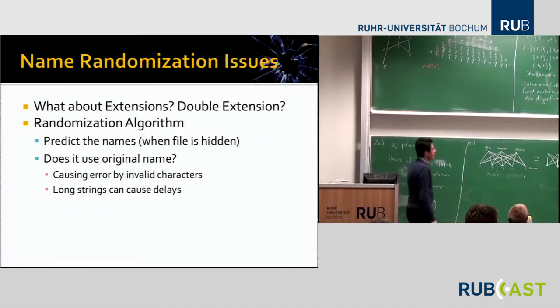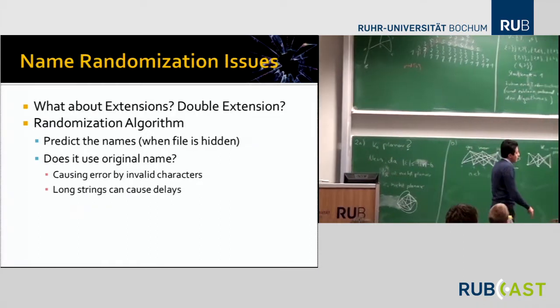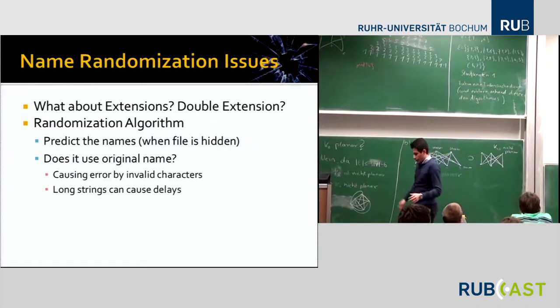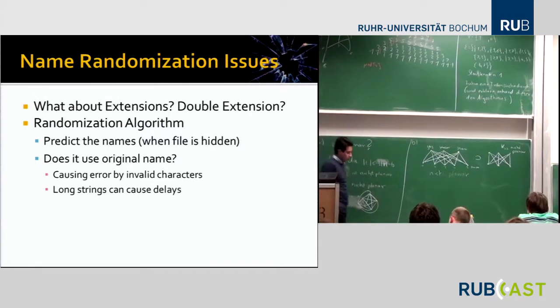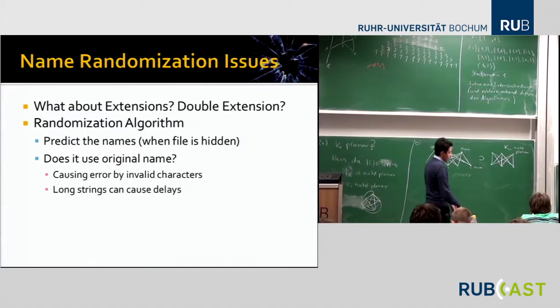Name randomization issues. One of my recommendations to protect file upload, to actually secure it, is to randomize the file name, because then no one can have double extensions, no one can use whatever they want. But some of the developers are using that idea but keeping the extension, or they detect the extension wrongly, so you can still do a double extension.